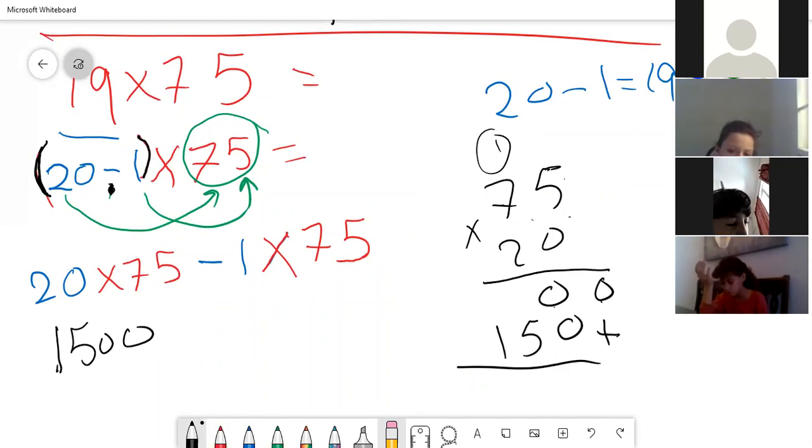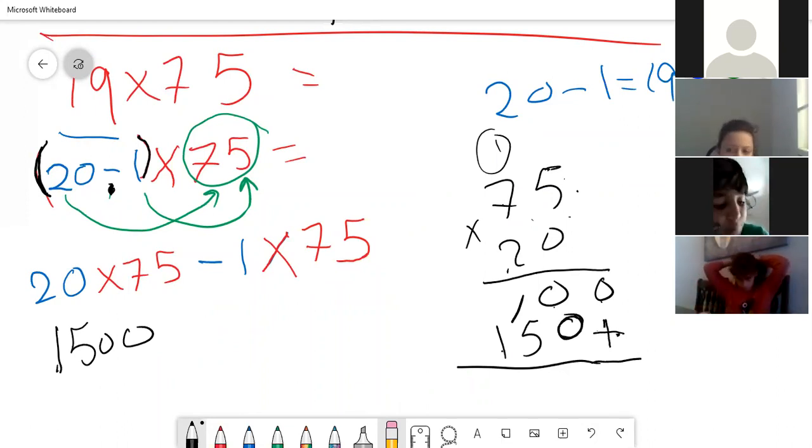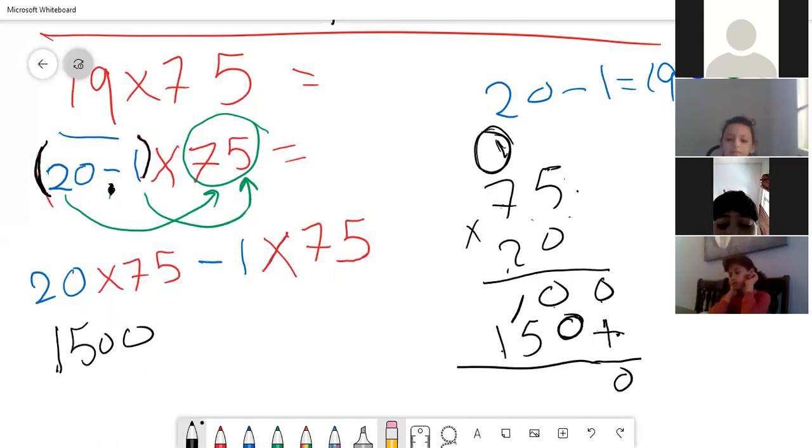Then plus. 2 times 5 is 10, so 0 and 1 here. 2 times 7 is 14, plus 1, 15. So 0 and 0, 5, and 1.